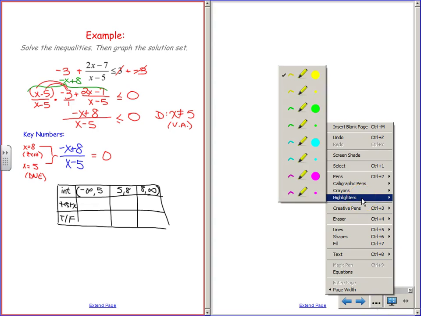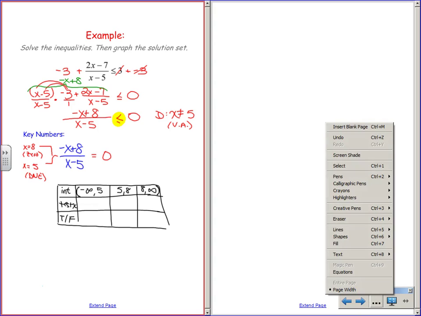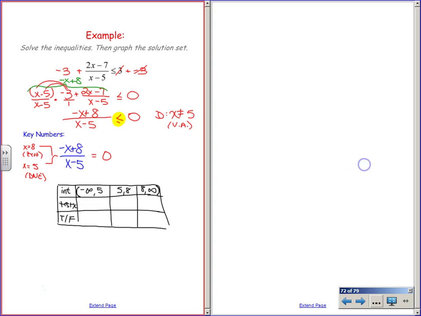What do we have on this problem? Which means, can the 0 be included and still make this true? Yeah. As soon as we start testing in between, we're going to be ignoring the endpoints meaning the 5 and the 8. So I want us, before we start testing in between, let's test the actual key numbers themselves.